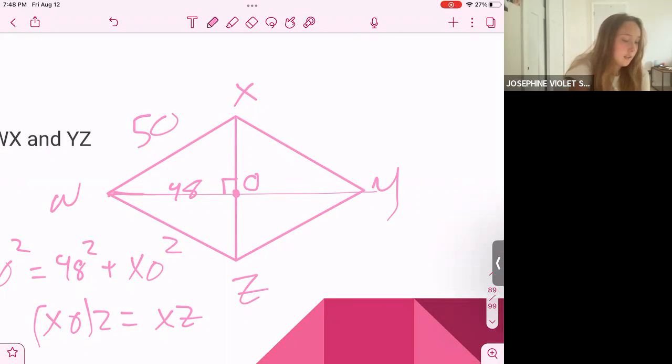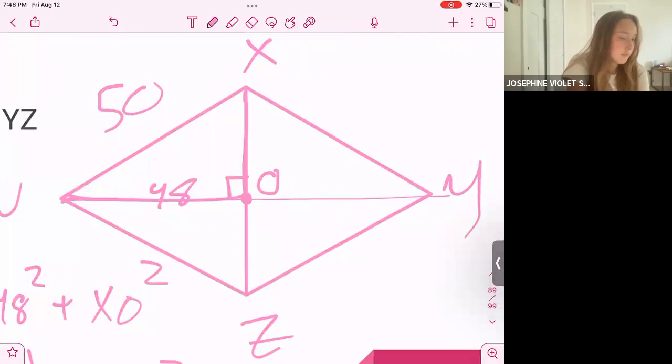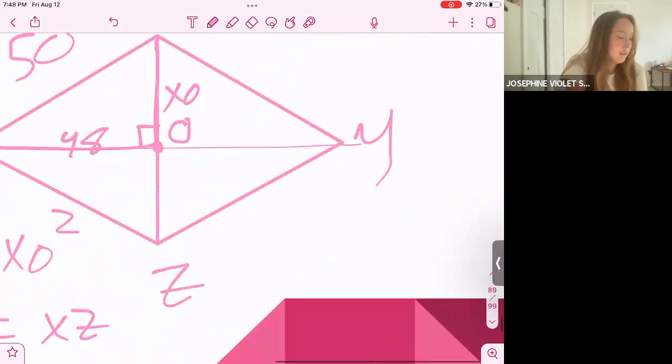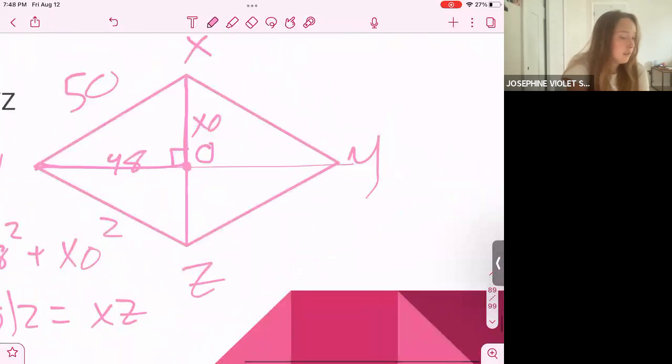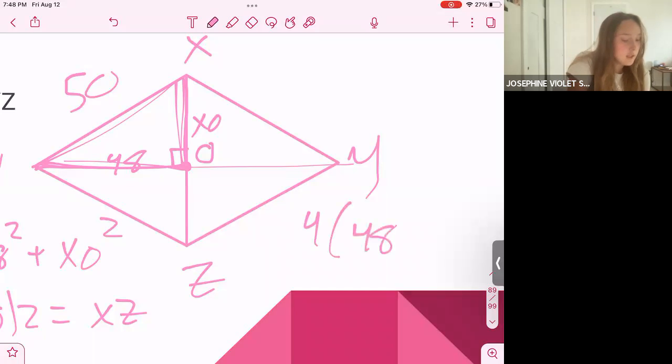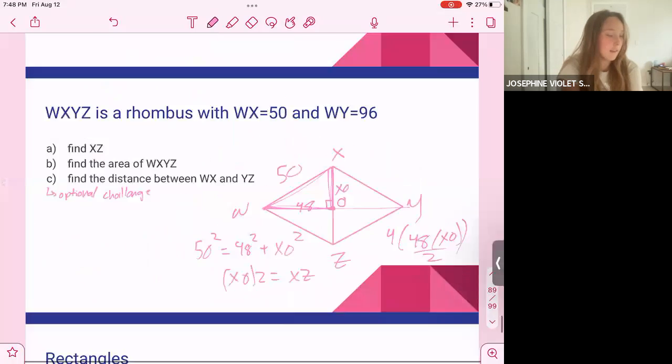Just like Grace said, because we have 4 equal triangles, we take the base, which here would be 48, and XO would be the height, divided by 2, and we'd get the area of one of these triangles, and then you just multiply that by 4. So this would be 4 times 48 times XO divided by 2.